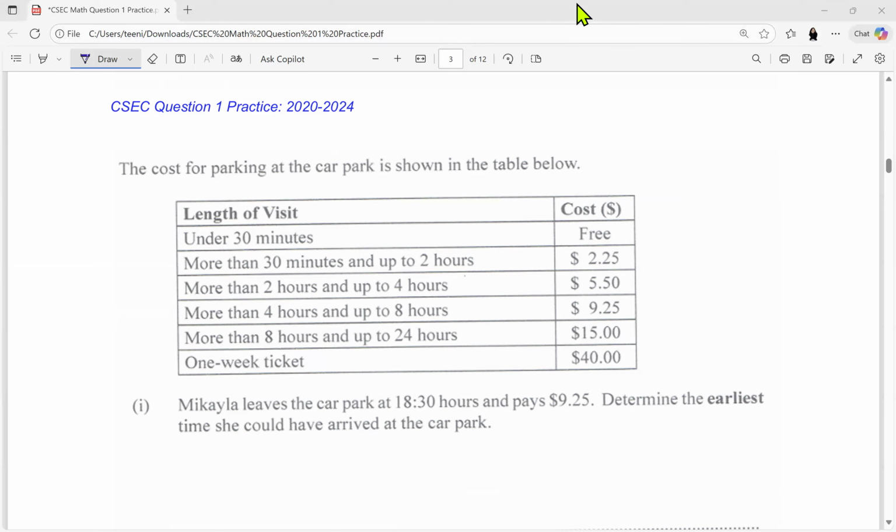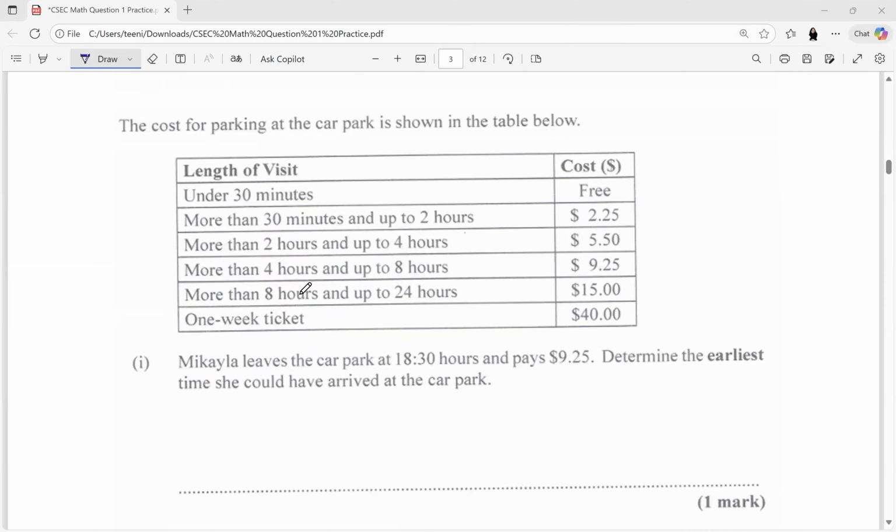More than 2 hours and up to 4 hours, you pay $5.50. More than 4 hours and up to 8 hours, you pay $9.25. More than 8 hours and up to 24 hours, you pay $15. A 1 week ticket is $40.